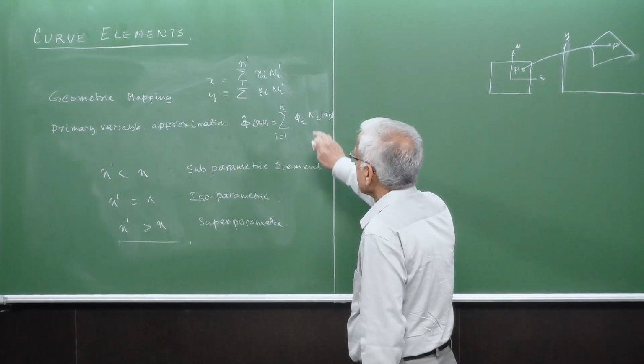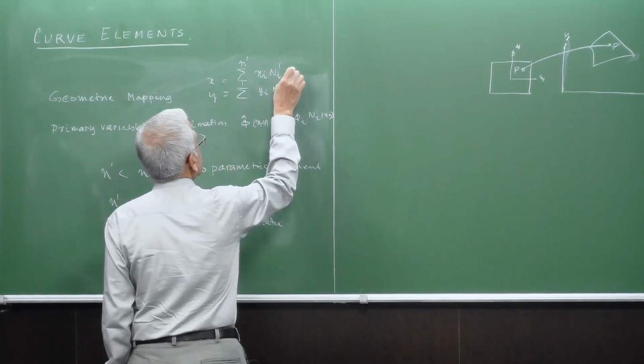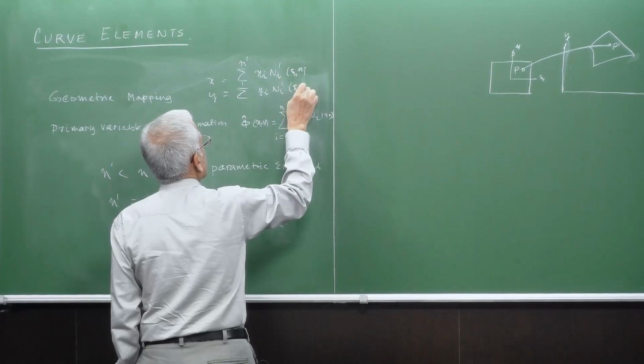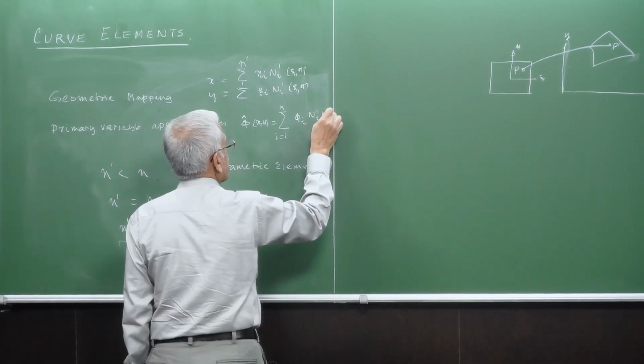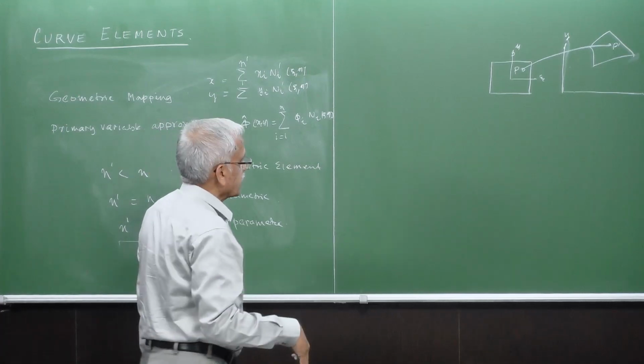The first and foremost thing here is that everything is defined in terms of xi eta. All the shape functions are in terms of xi eta.